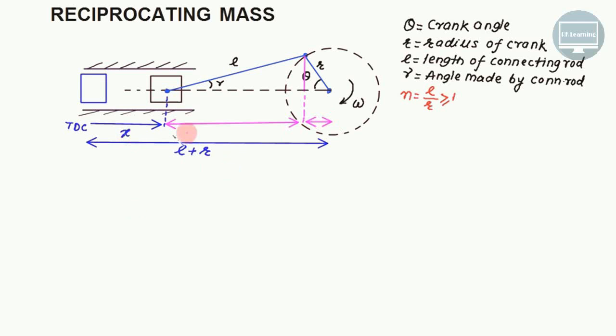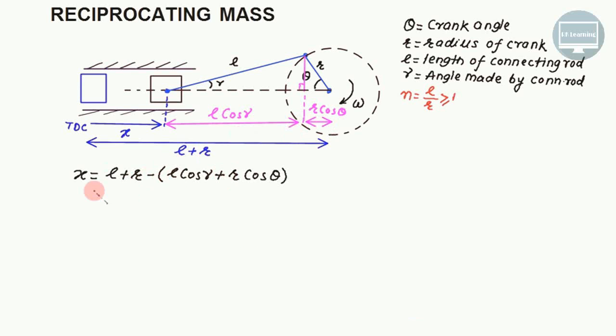This distance is L, this one is gamma, this one is 90 degrees, so this distance is L cos gamma. This one is theta, this one is r, so this small distance is r cos theta. So we can say that the distance x equals the total distance L plus r, minus L cos gamma, minus r cos theta.